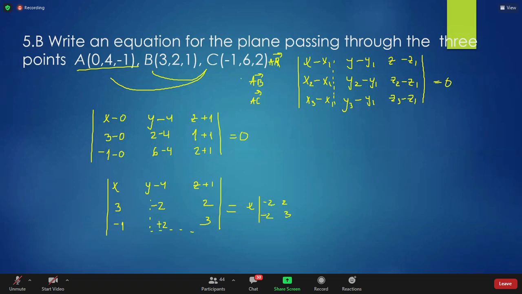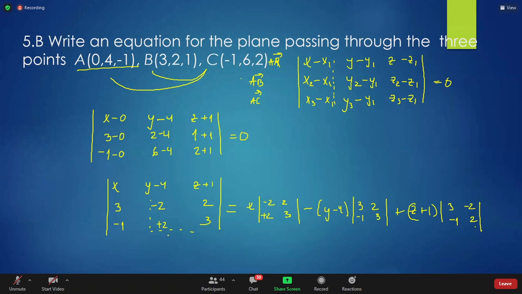Now, minus, remember, y minus 4 times determinant 3, minus 1, 2, 3, and plus the third element, z plus 1, in order to create the correct cofactor. And now we have 3, minus 2, we have minus 1 and 2. So 2 is now correct. Okay, so now it has to be equal to 0.